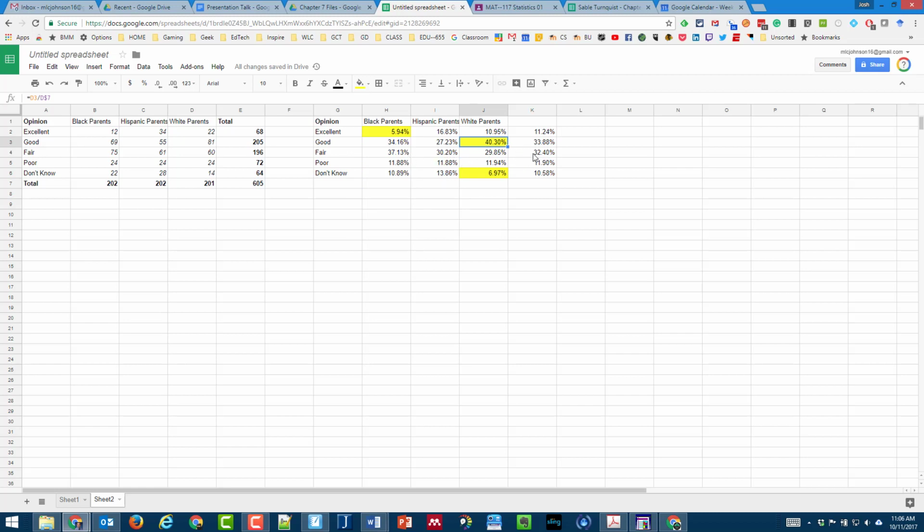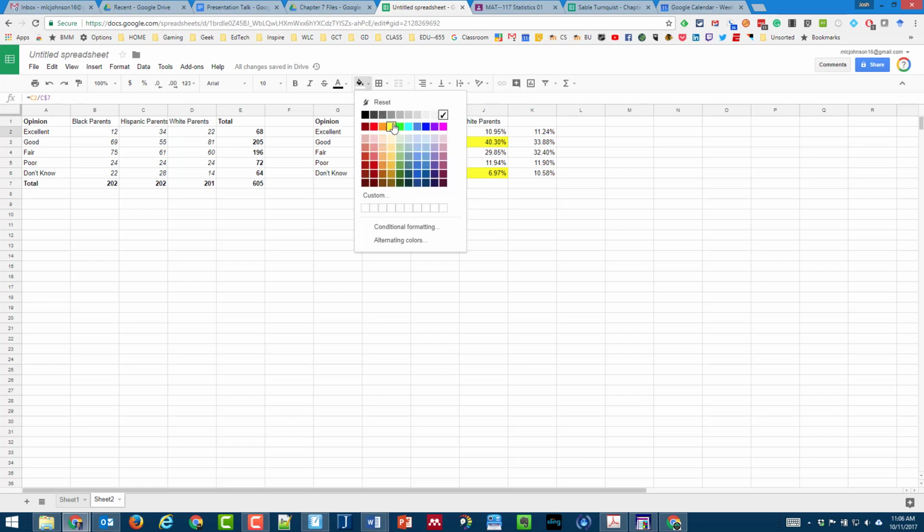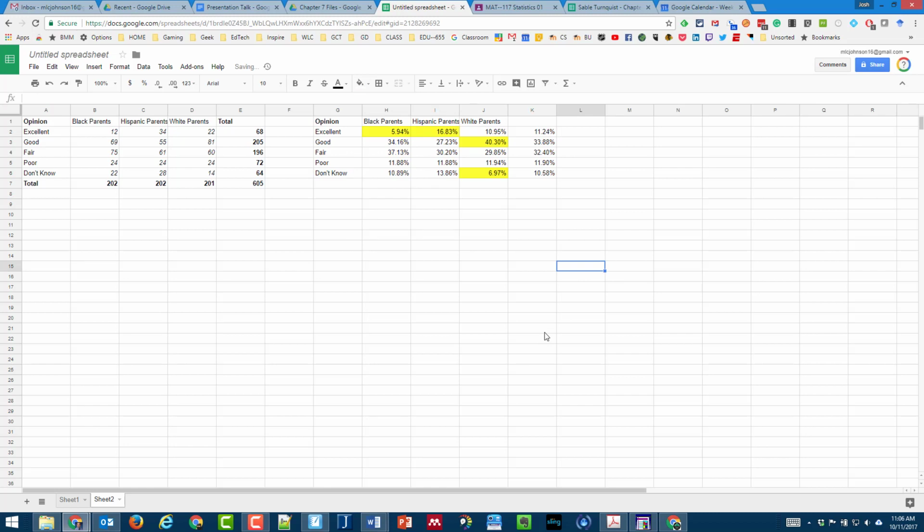If the average is about 32%, more black parents say fair than normal, and much less Hispanic parents say that they're doing good. And as far as excellent, this is the surprise one. I think that was the other one. This is a pretty big difference compared to the other ones. That might be another stat that you highlight when you're comparing them.